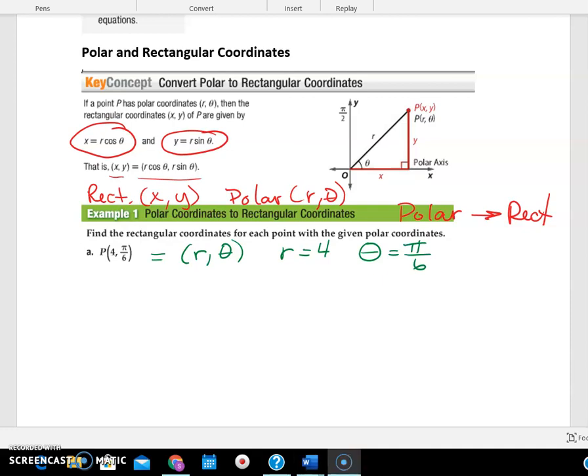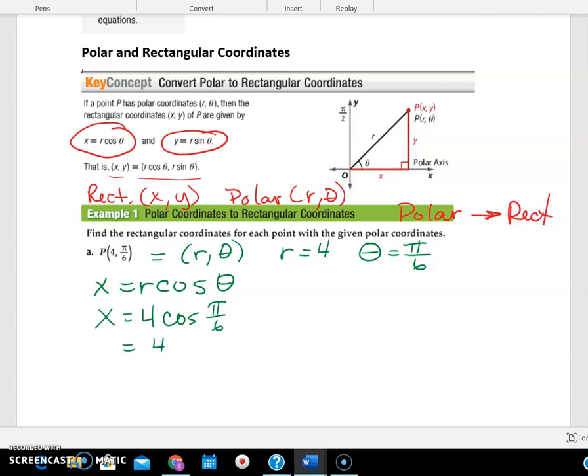If I want to change it to a rectangular coordinate, I know that x is equal to r cosine theta, so to find x, I'm going to substitute my r, which is 4, and theta, which is pi over 6, into the equation. And so that's going to be x equals 4 cosine of pi over 6.